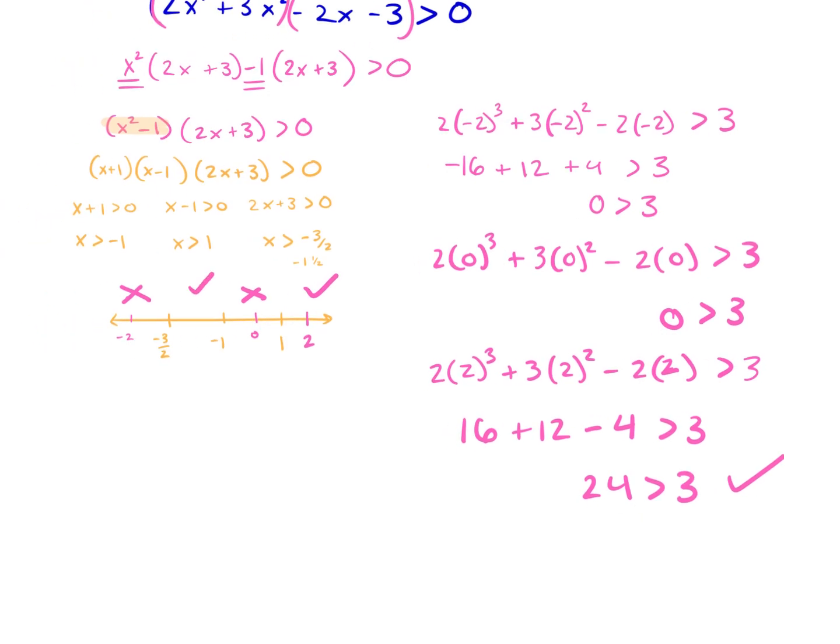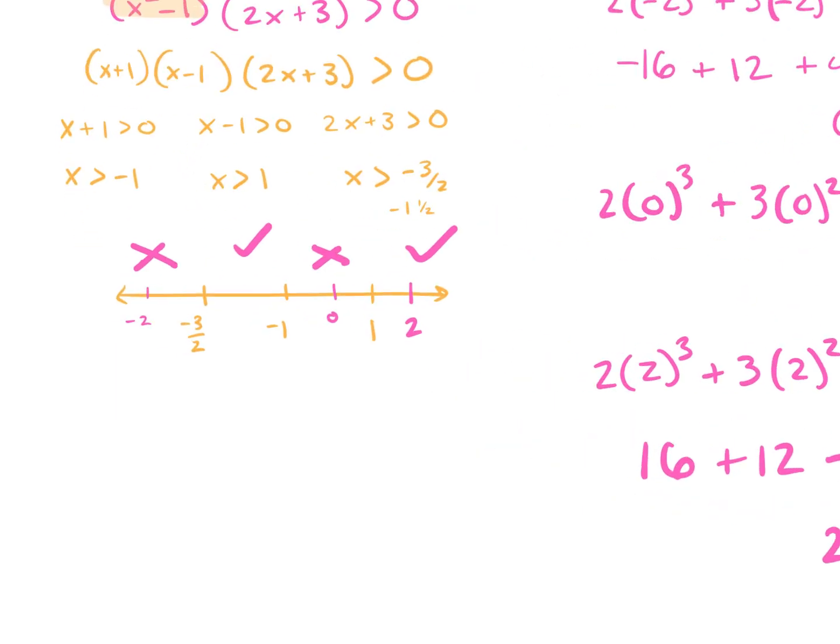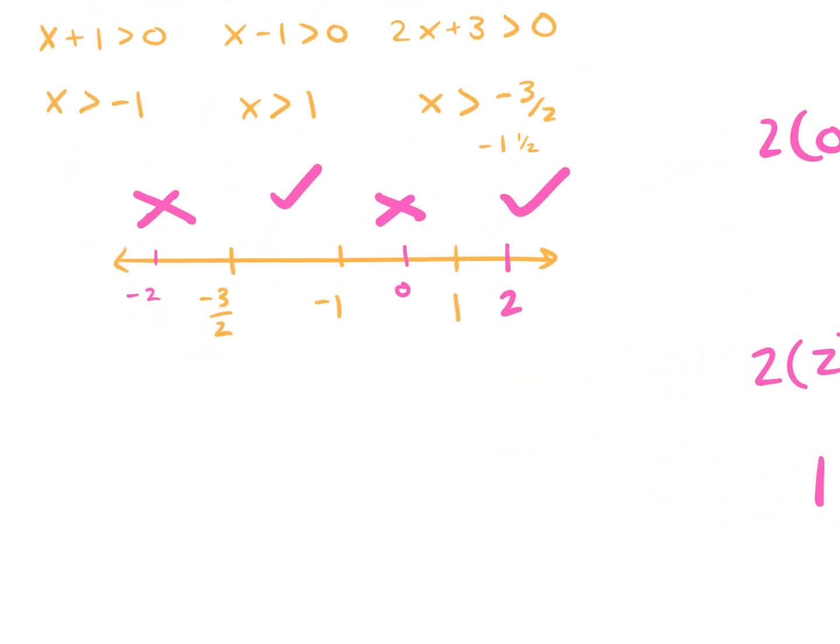It alternates. At my key values that I had here, so -3/2, -1, and 1, do I have open or closed circles? Open, because it was just a greater than sign. So open circles. And we're going to shade in between here where it works.